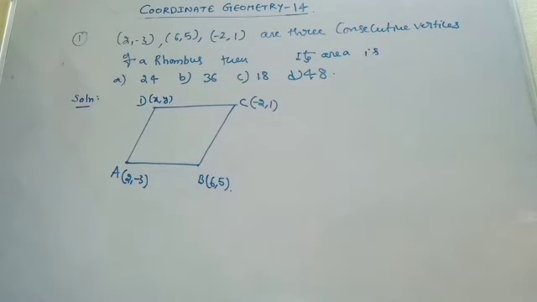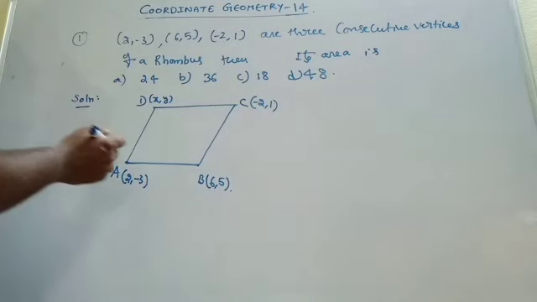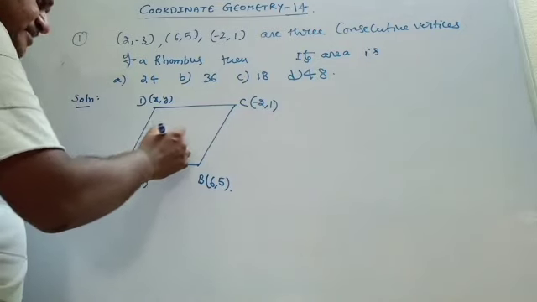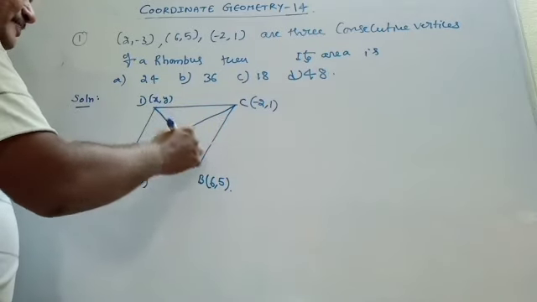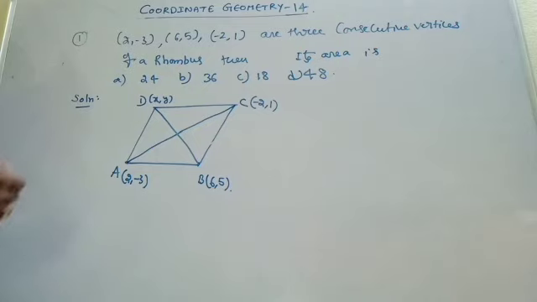There are many methods of doing this particular problem. We adopt one of the methods. You know that in a rhombus the diagonals bisect each other and are perpendicular to each other. They are the right bisectors of each other.